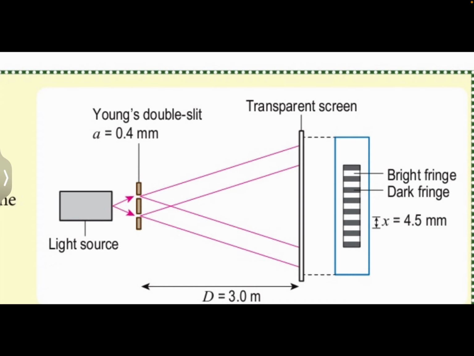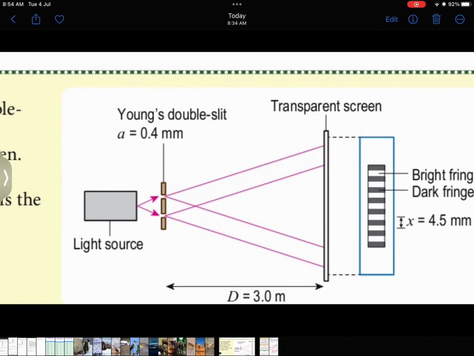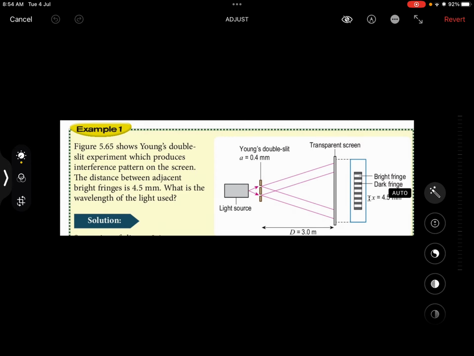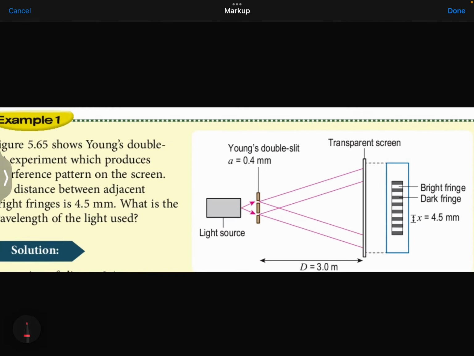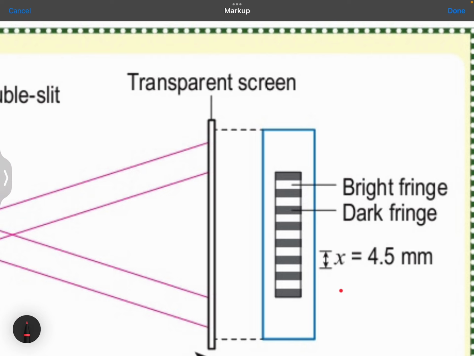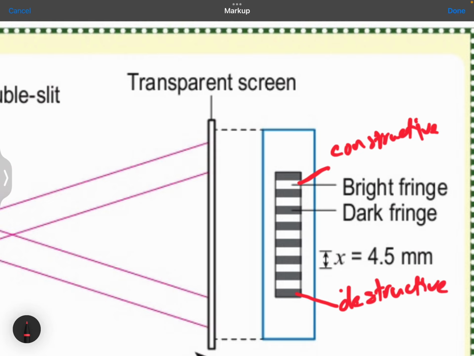Bright fringes are the points where constructive interference happens, but this is the case of light wave. And dark fringes are where the destructive interference happens.